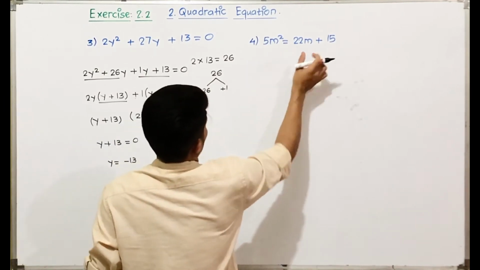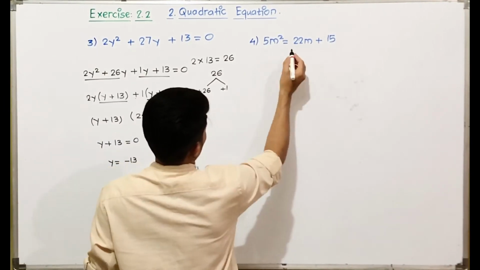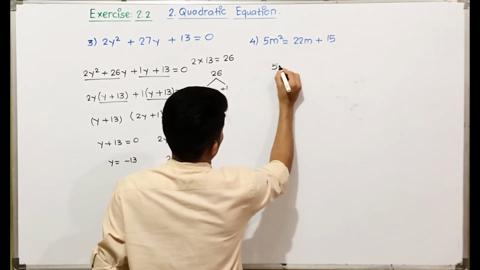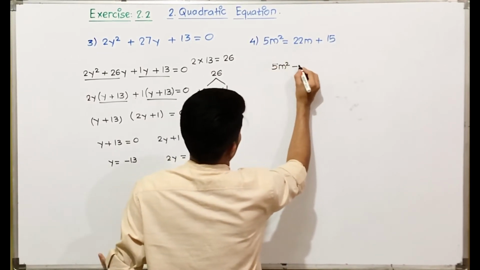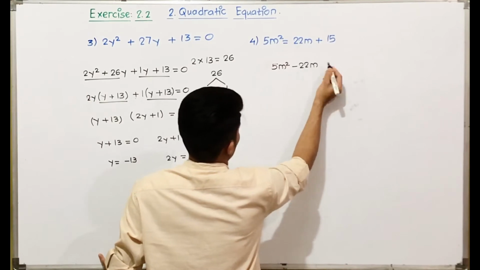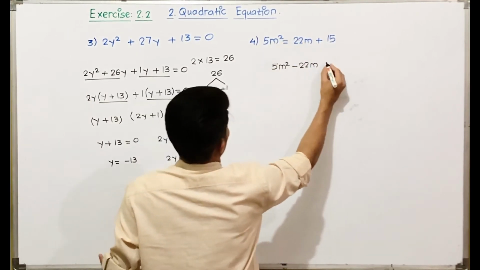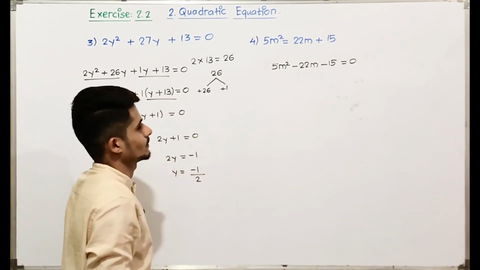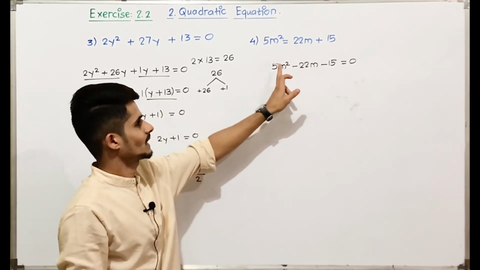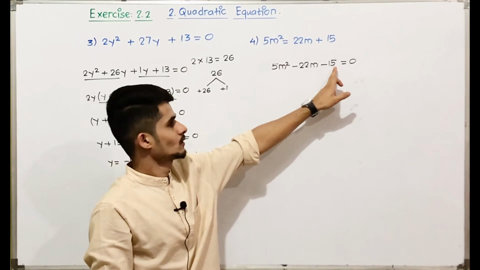It is not in the general form, so firstly we'll rearrange it in the general form, that is 5m square plus 22 comes here as minus 22m and plus 15 comes here as minus 15 is equal to 0. Now it is in general form, that is m square, m and constant.